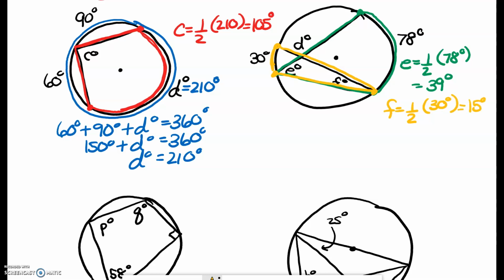All right, so we actually have a triangle here because D, this angle and this angle, are the same, so this is D in here. So if I draw my triangle out here, F was 15 degrees, E was 39 degrees, and this was D degrees here.